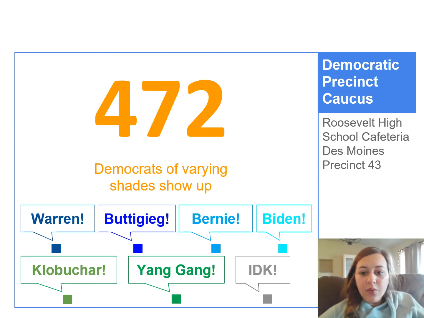And so we have 472 Democrats of varying ideologies show up. We have Warren supporters there, Buttigieg supporters, Bernie Sanders supporters, Andrew Yang was still in the race, Amy Klobuchar from Minnesota, and of course Joe Biden, who will eventually become the nominee.